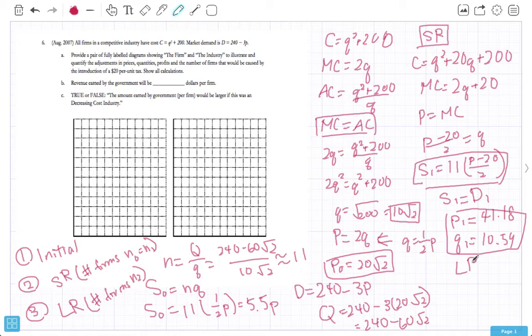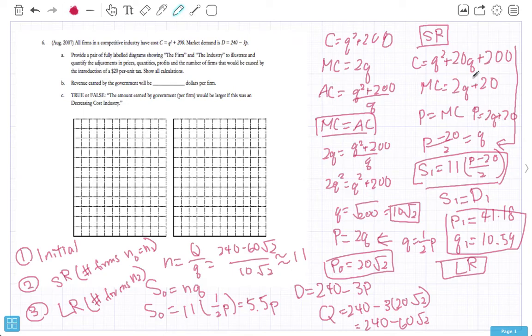Long run, I would encourage you to do it yourself. It will be the same process up until this point, but you now know that P equals MC, and MC is 2q plus 20.